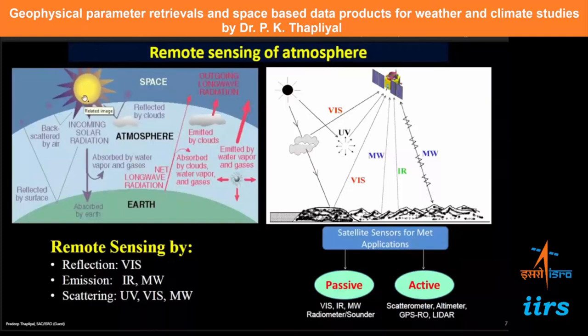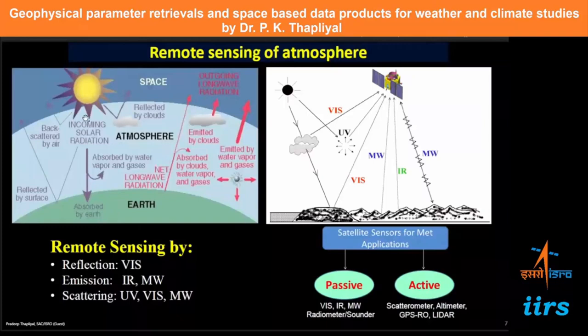So solar radiation, primarily coming in the visible region, that is from 0.4 to 0.7 micrometer, enters the atmosphere and gets scattered back by the atmospheric gases and aerosols. Some of that gets reflected by cloud. Cloud is a strong reflector for this visible light. So almost the entire visible radiation can get reflected back to space if there is a cloud.